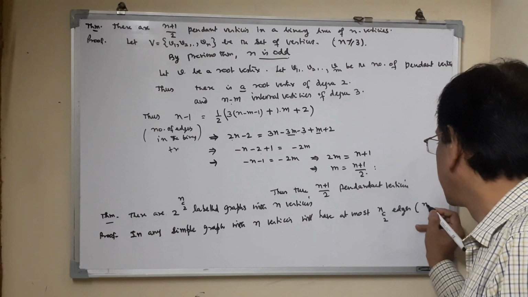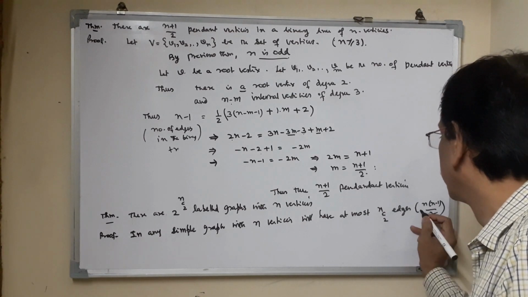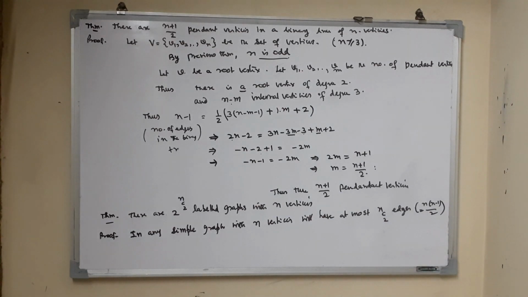That is n into n minus 1 by 2. Whatever the graph with n vertices, you will have at most nC2 edges. Now let us continue with this.